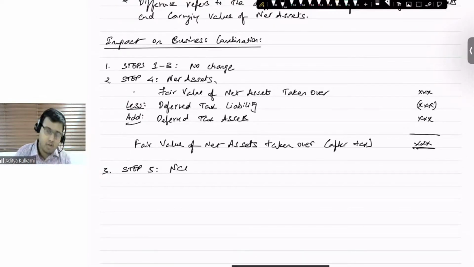It will change only if NCI is at proportionate share of net assets.